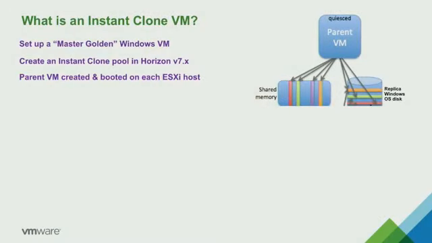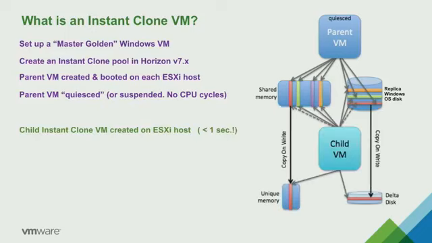During that process, a virtual machine is created on every ESXi host that you specify you want these instant clone VMs to run on. And that VM boots up and then is suspended or quiesced. And from that VM, we create a child VM.